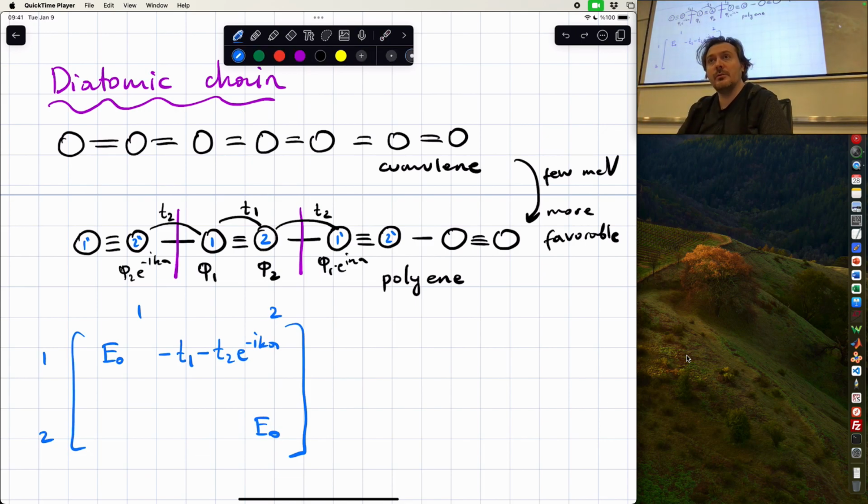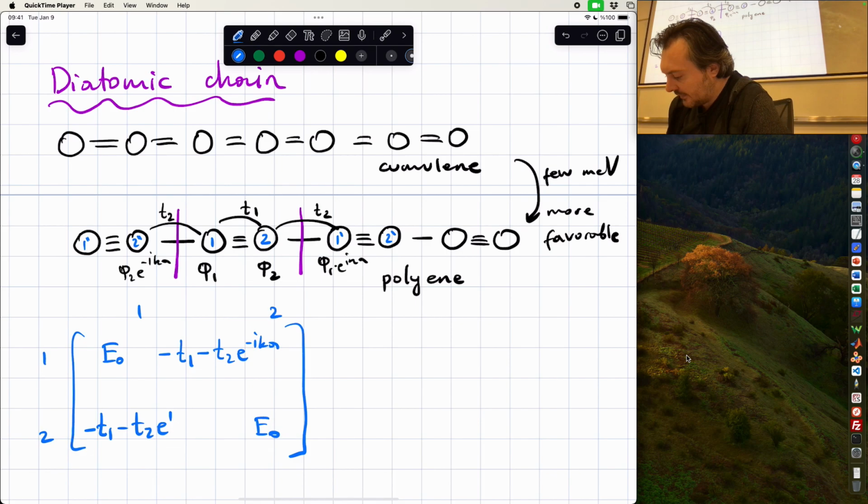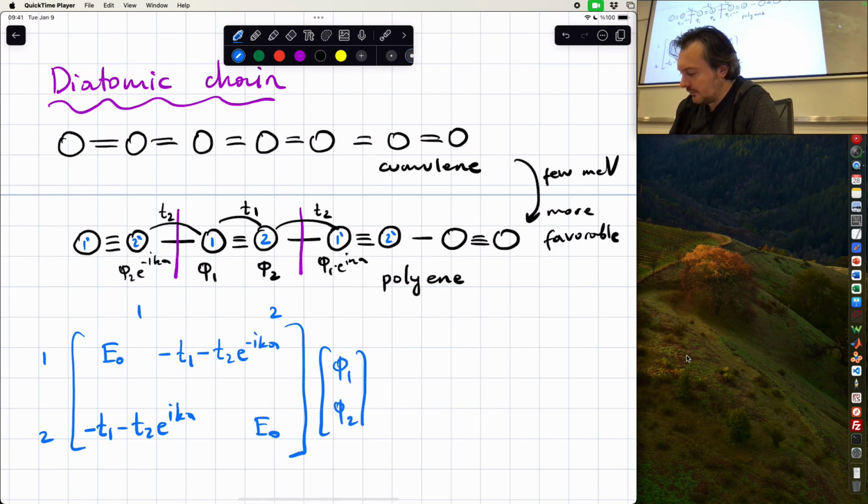Is this something new for you? No, you have seen this? Where? We had a chemistry course. Chemistry course, okay. Then for the 2 to 1 interaction, there is also minus T1 and minus T2 e to the plus iKa, right? Can we say that it's Hermitian? Yes, it's Hermitian.